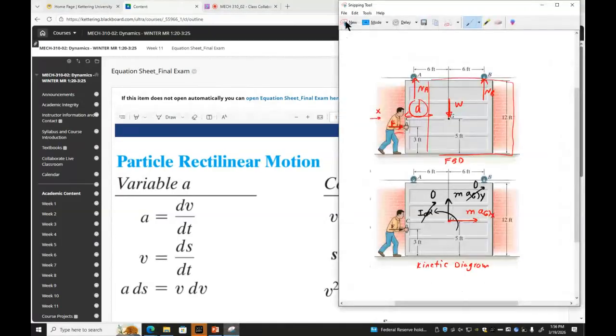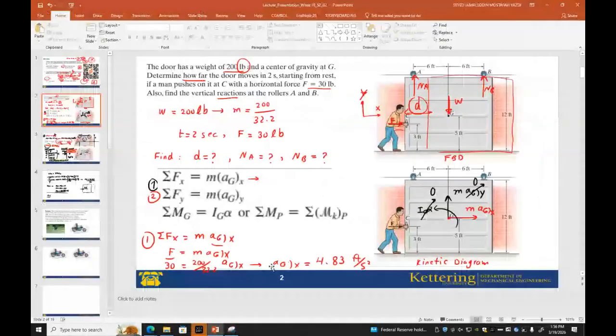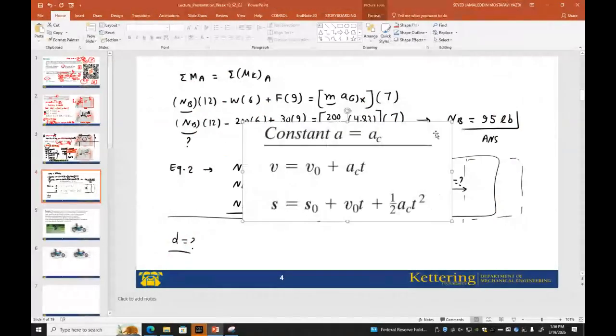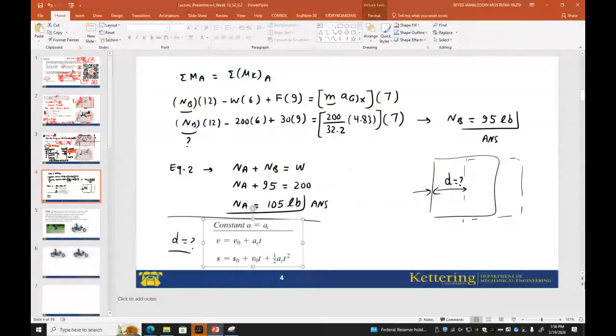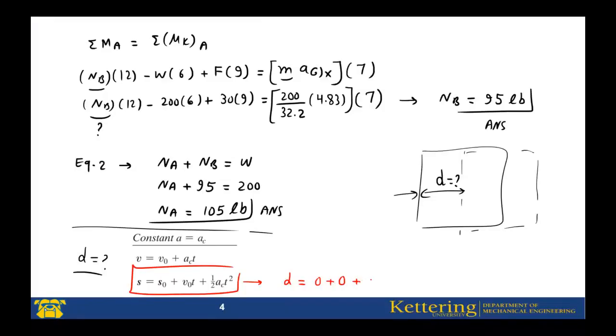Here you saw where this equation is coming from. Starting from rest, plus 1/2, acceleration is 4.83. It takes 2 seconds. Then from this one you can find this, 9.66 feet. This is the answer.